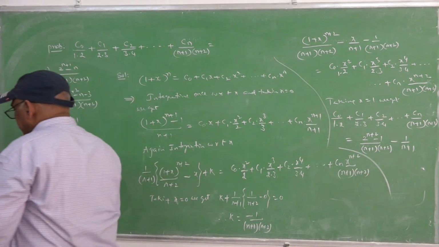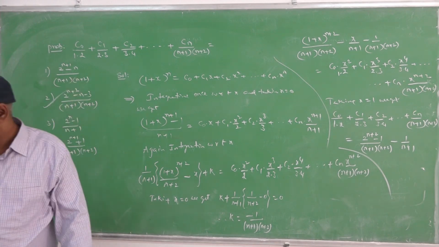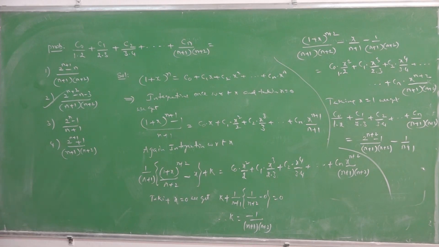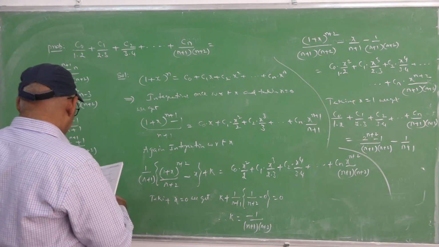Now on simplification you get the required result: 2 power n plus 2 minus 1 minus n minus 2, that gives us minus n minus 3 by n plus 1 into n plus 2. This is the required result. So like that you can apply the above results, integrating methods, to evaluate such summation of the binomial coefficients.